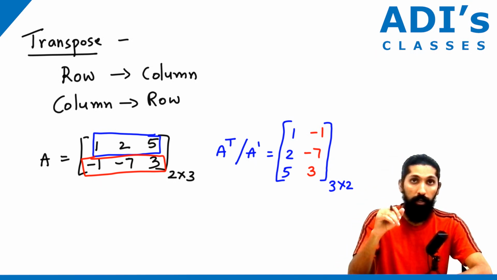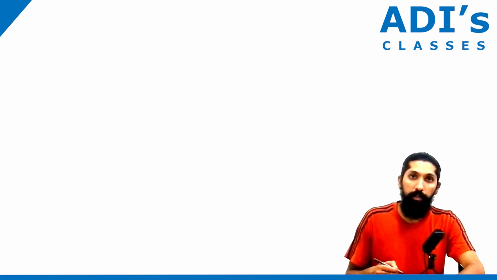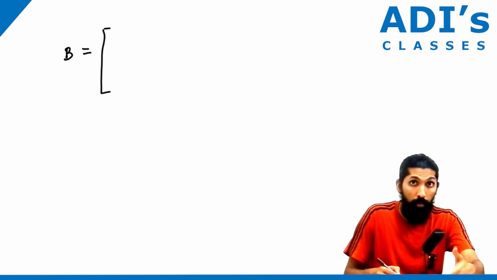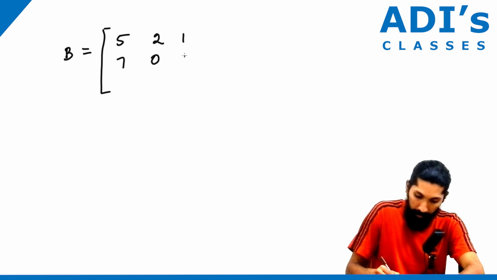Okay. Now, if you take a square matrix, let's look at an example. Say you have matrix B is equal to, I'll take a 3 cross 3 matrix, which is the most commonly used matrix. Say 5, 2, 1, 7, 0, 8, minus 2, 3, 11.